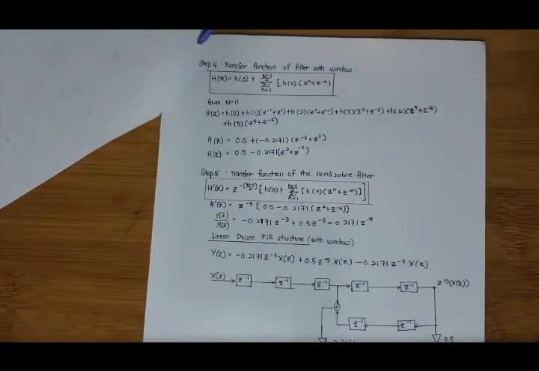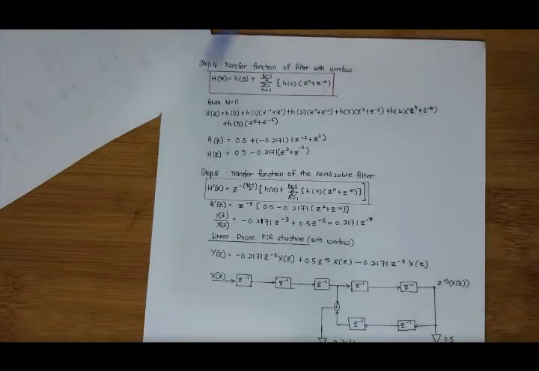So step number 4, H(z) equals H(0) plus summation of h(n) Z to the power n minus 1 divided by 2, summation m minus 1. So here is Zn and Z minus n.